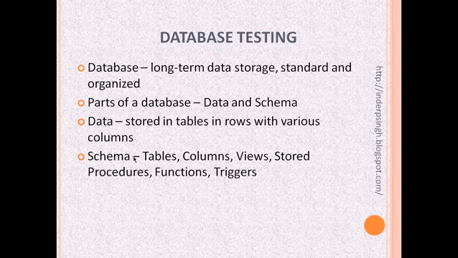Then we have functions. The difference between a stored procedure and a function is that a stored procedure contains input parameters and output parameters, and functions just contain the inputs. We cannot get the output from the function, whereas we can get the output parameter from the stored procedure. So functions are for simpler things, but they contain their own logic, and that is a part of the schema.